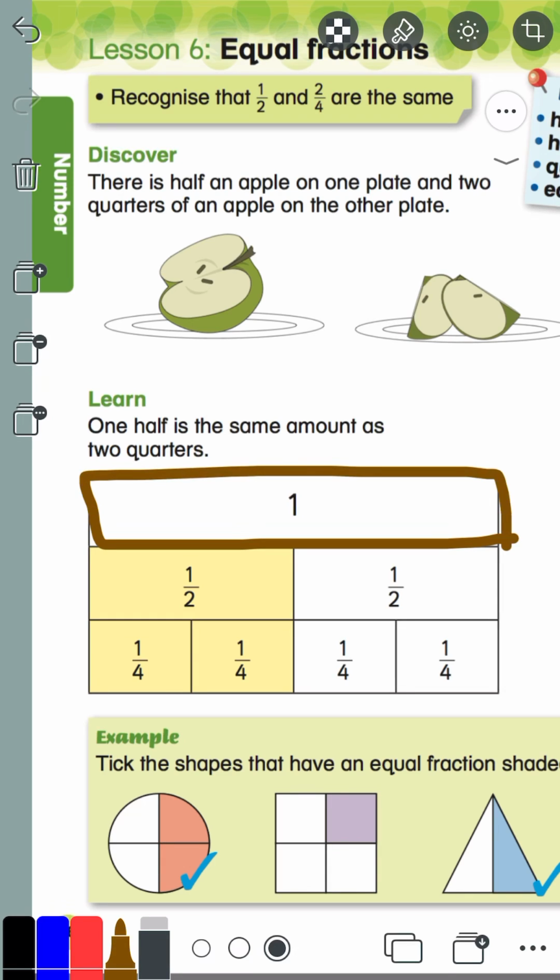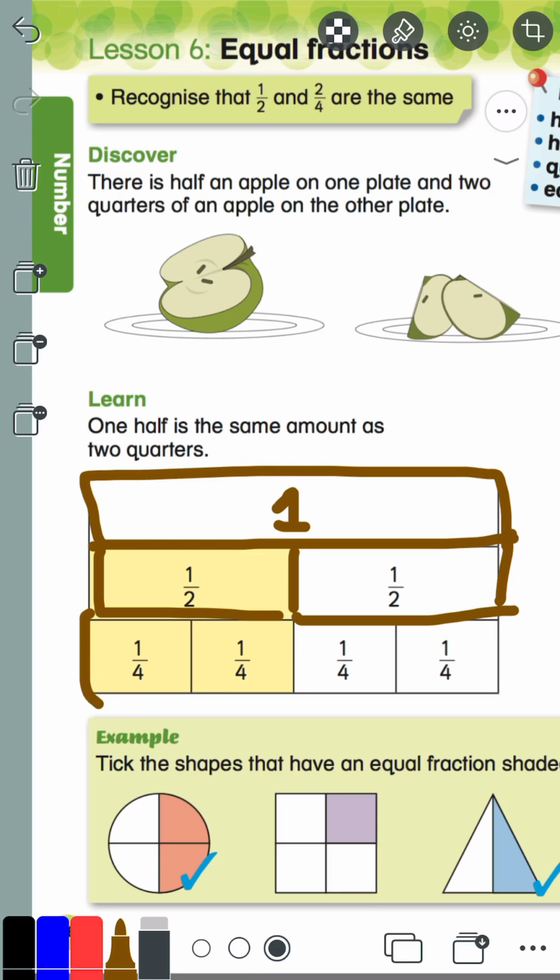This bar of chocolate is one whole bar. Now if I cut it into two equal parts, we call each part a half, and we write it as 1/2. If I cut each half into another half, I will get 2/4 for each half.